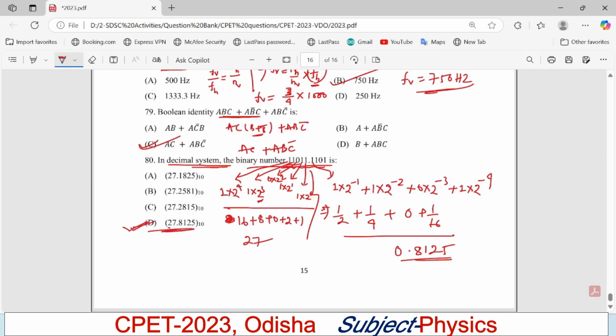D option is correct. So here I am going to suggest that I have a playlist on conversion of numbers.